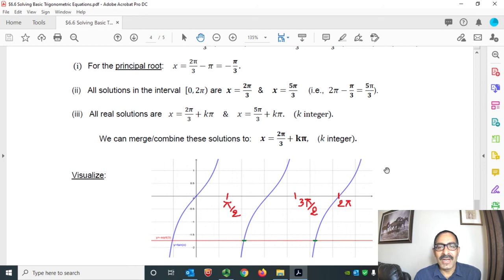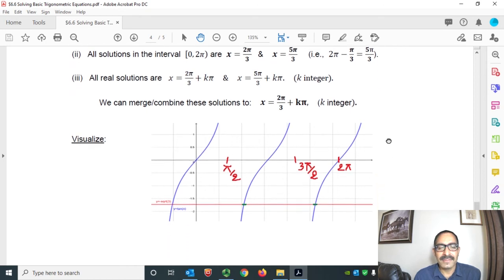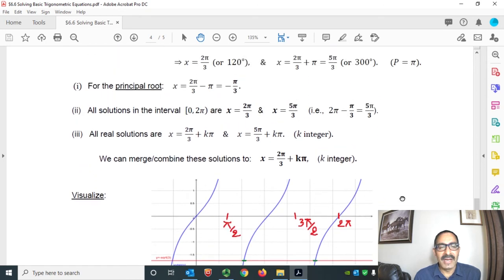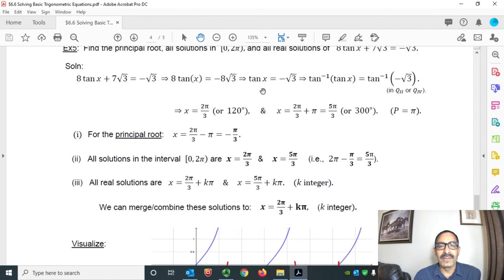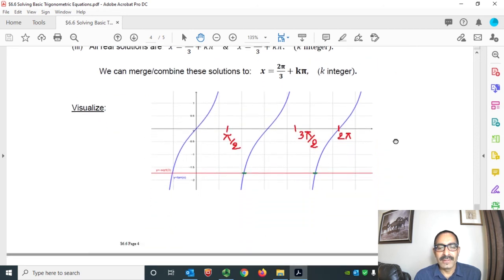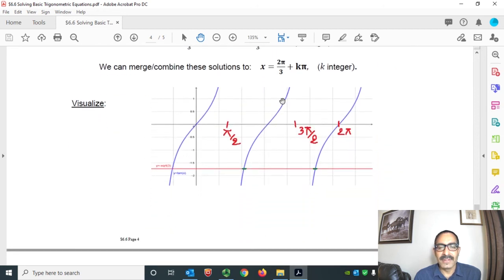Now let me visualize our solutions here. So what am I graphing here? One is y equals tan x and another is y equals minus radical 3. This is the tangent function's graph. We are familiar with it. We have a vertical asymptote at 3 pi over 2. I'm only picking the interval 0 to 2 pi here.